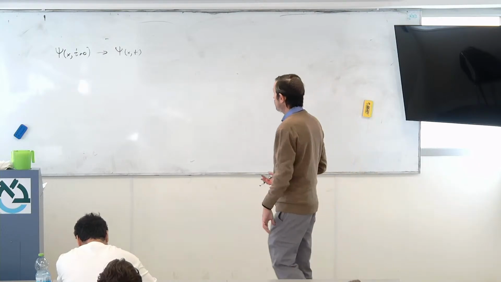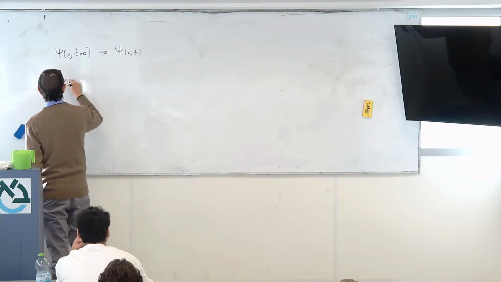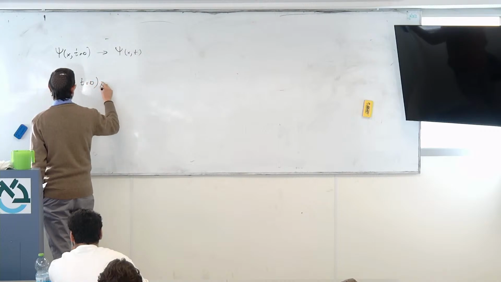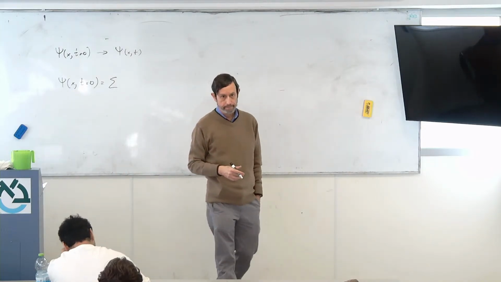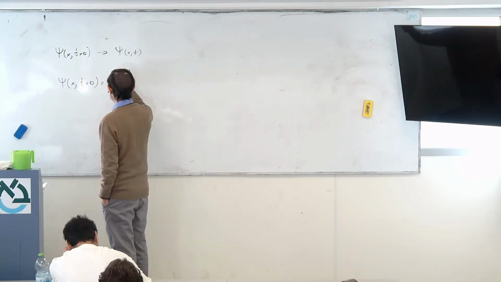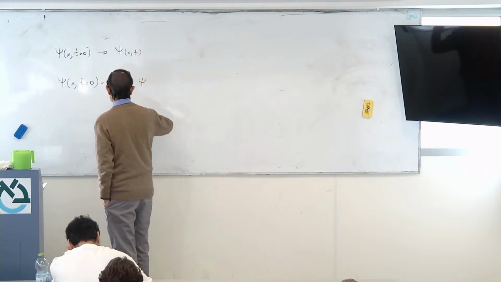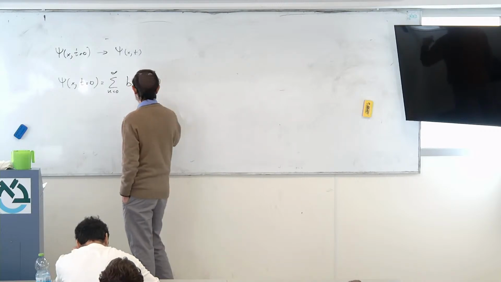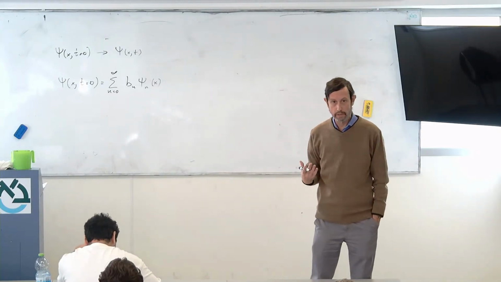The other way, which we have at least discussed a few times, is to assume that I can write it down as a superposition of the eigenvectors of the potential, of the harmonic potential.